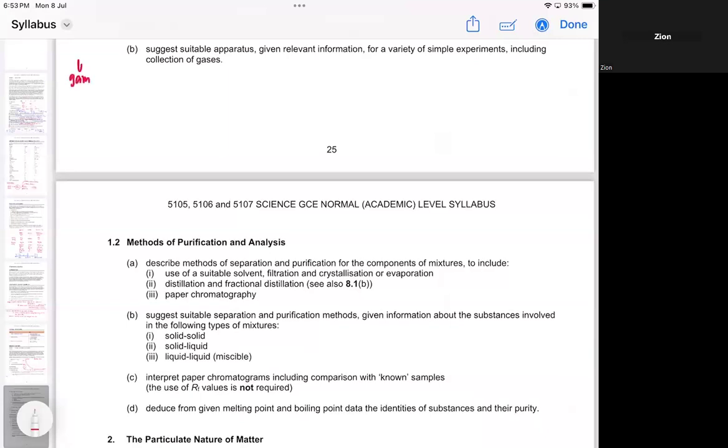So for gamma, as you mentioned, it's used to treat cancer. How does it do that? It basically destroys tumors.